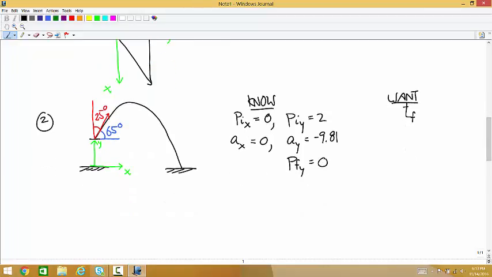The initial velocity is, its initial speed is 15 meters per second, so the initial velocity is 15 times cosine and sine of 65.